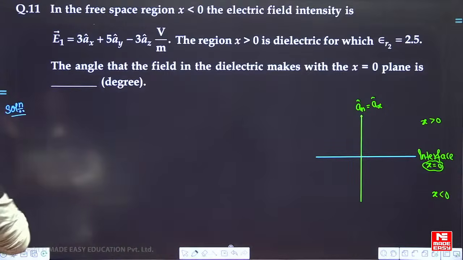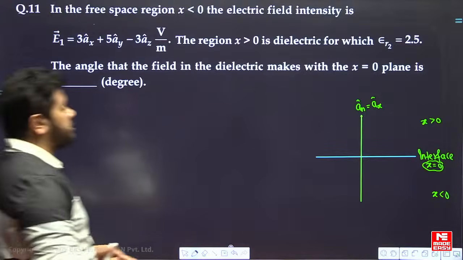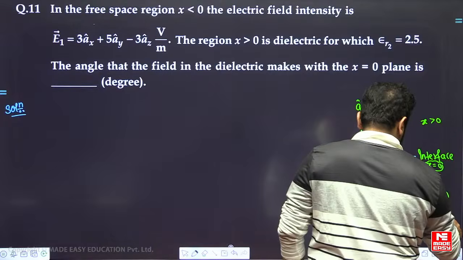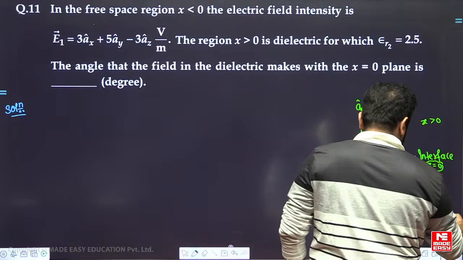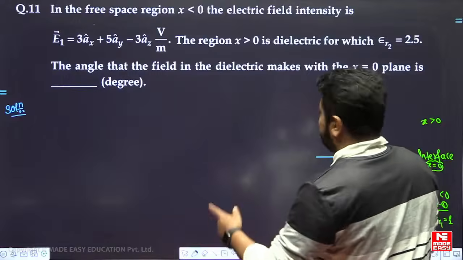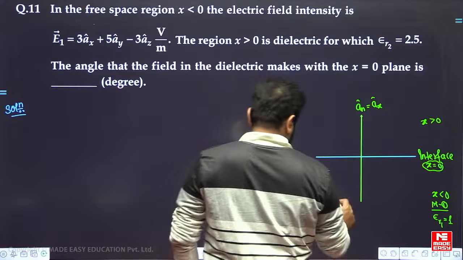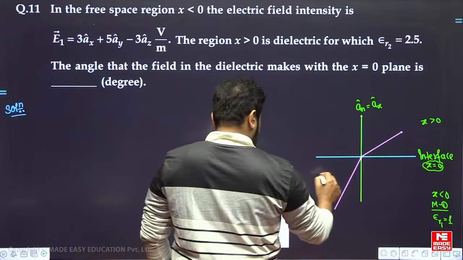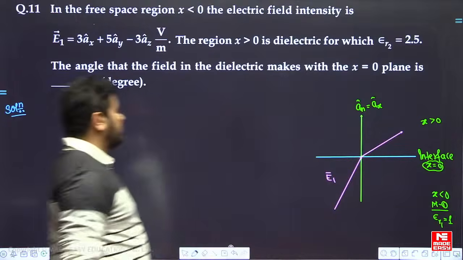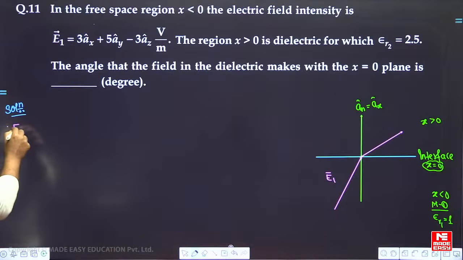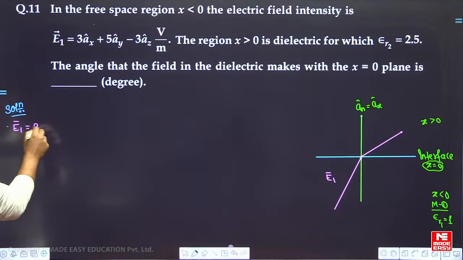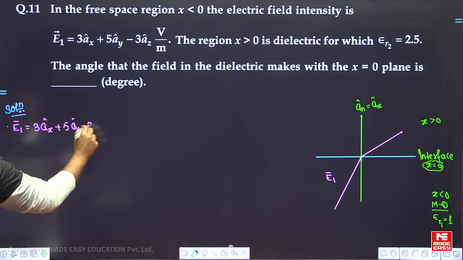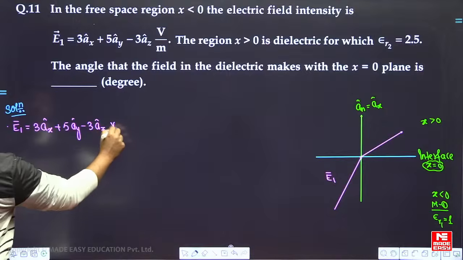Now what is the question? In the free space region, so x less than 0 is a free space, okay, fine. So let us consider this to be medium 1 and this is the free space. So epsilon r1, let us say it is equal to 1, and the electric field in this region, E1 vector, is given in this medium x less than 0 as thrice ax plus 5 ay minus thrice az cap volt per meter.